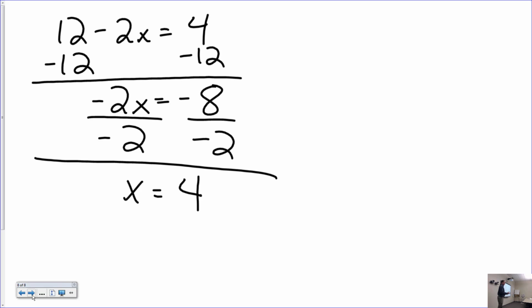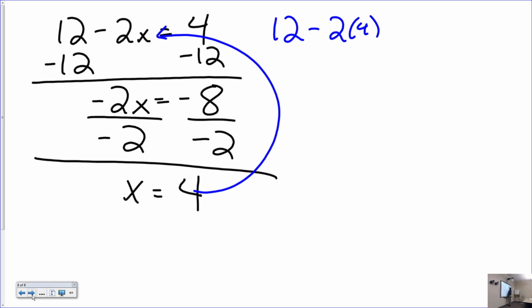All right? And this is one of those where you should be a little bit nervous about it, just because dealing with double negatives is always a pain. And so it's never a bad idea to make a quick check, right? Does it actually work? Is 12 minus 2 times 4 equal to 4? And this is where you guys say, oh yeah, I remember my order of operations.